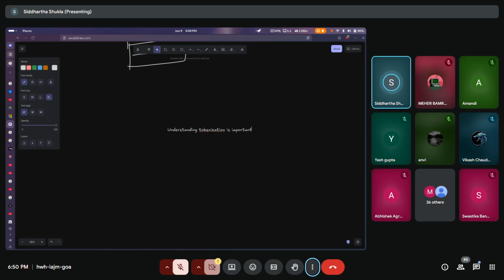So, understanding tokenization is important. What if we input this into our LLM? This is our input into the LLM, and how the LLM is going to process this.